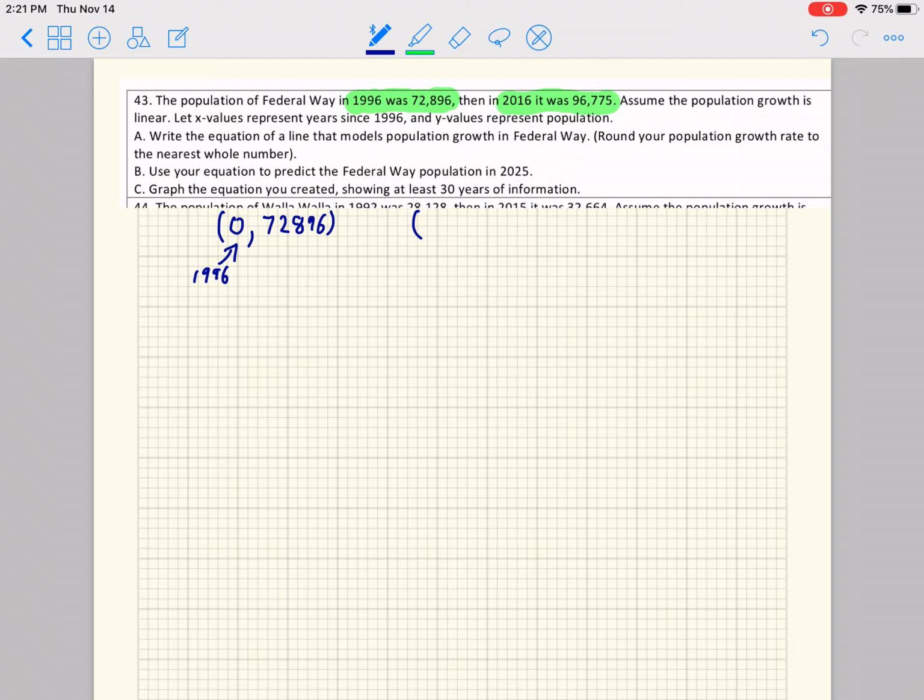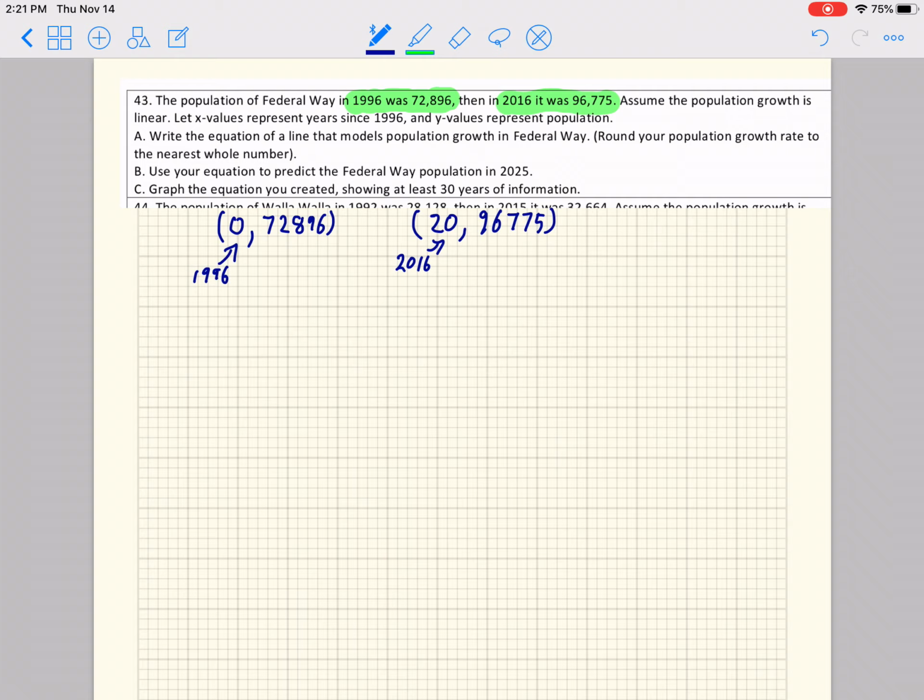And then my other point in 2016 was 20 years after 1996, so that's going to be the point 20, and then 96,775. So this 20 represents 2016.